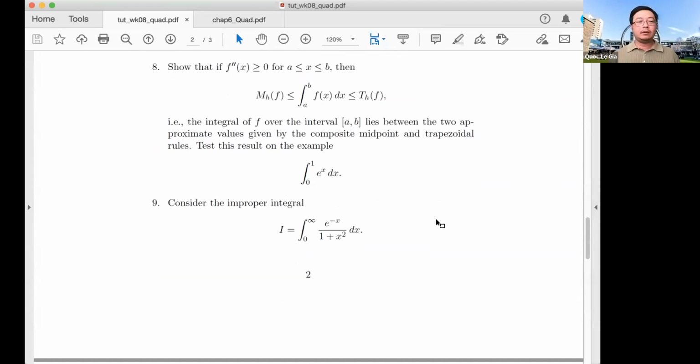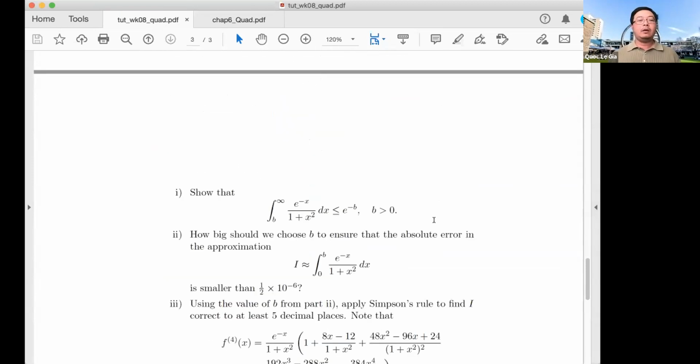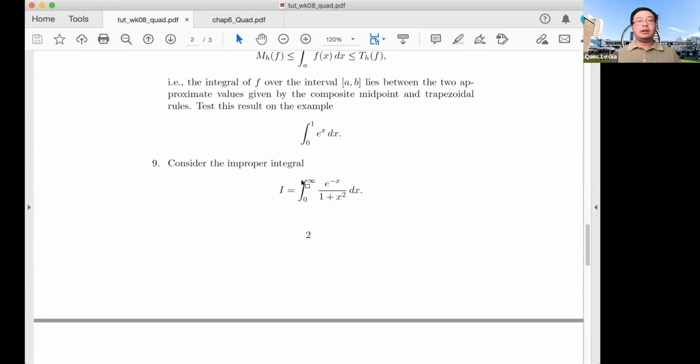And so now, let's see whether we have time for the last question. This one is just a special case when you have an improper integral.